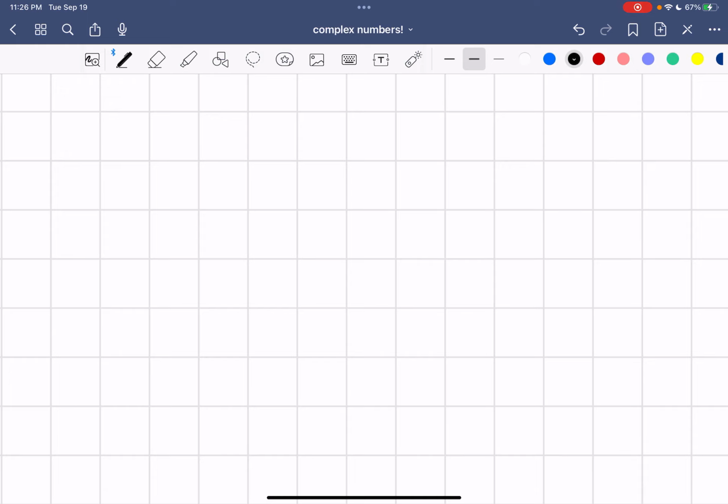Yeah, I would finish my IXLs early, so I would do other IXLs that would introduce me to new math topics, and I did one about complex numbers and it was fun to learn about. So yay.